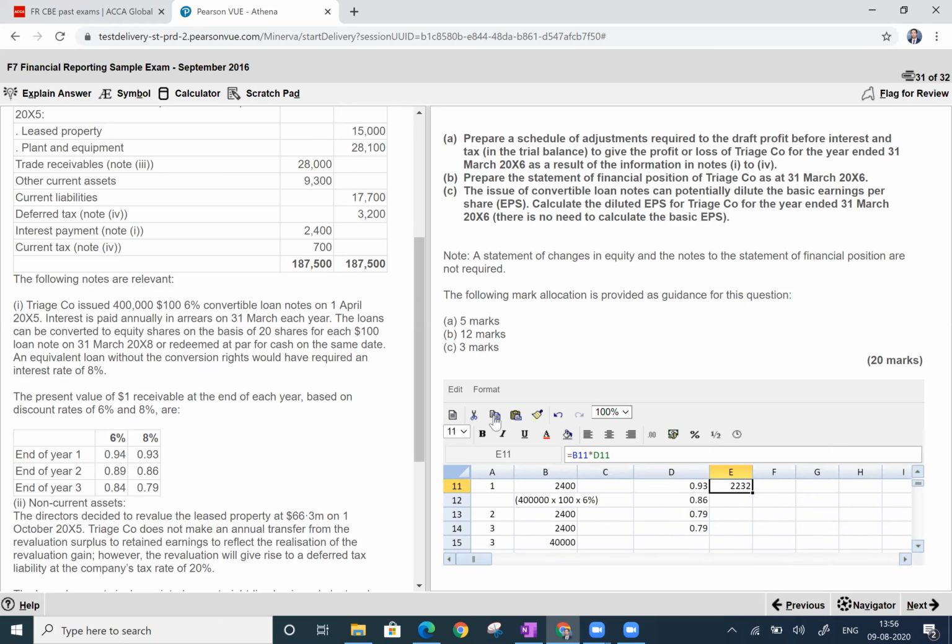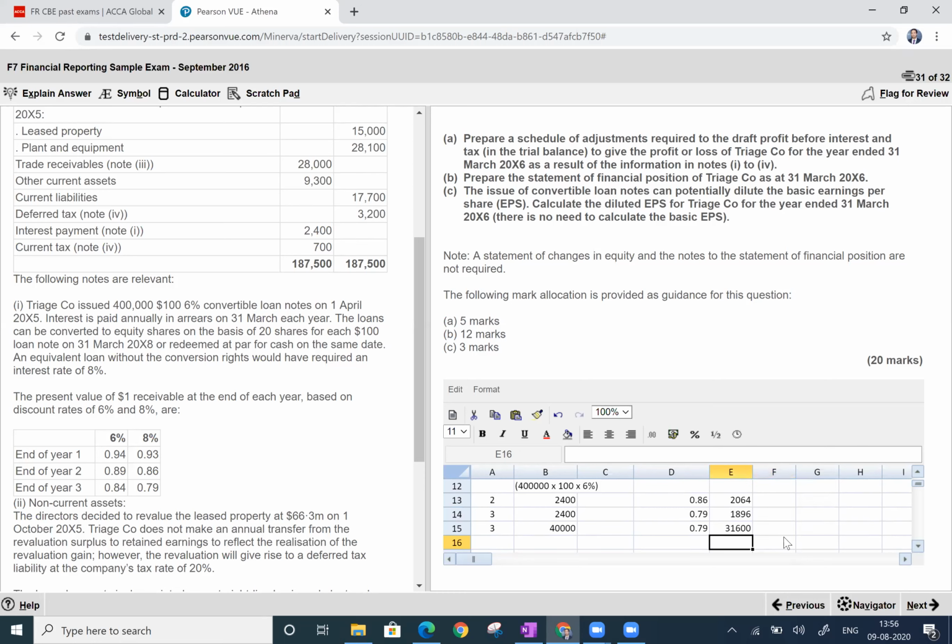You can copy this and, okay, sorry, there's a small mistake. This is 0.86, this is 0.79 and this is 0.79. So all this, you can paste it, or you can simply multiply each one as well.